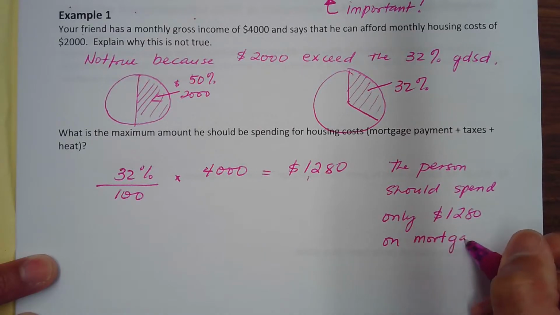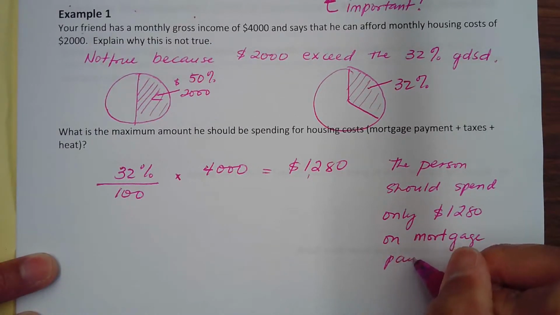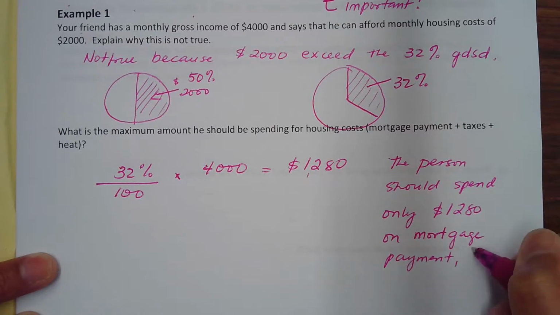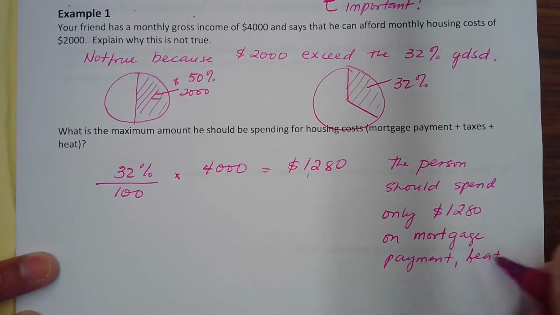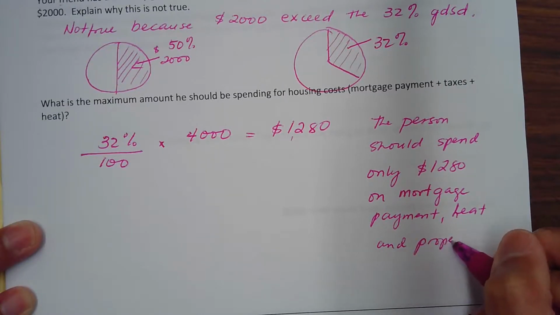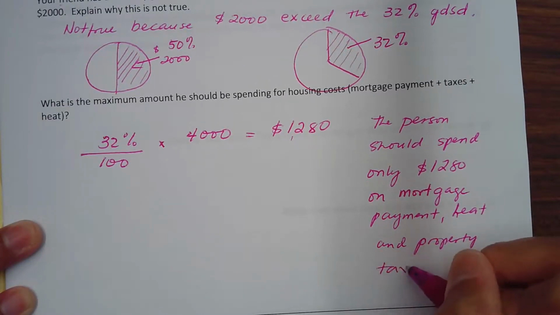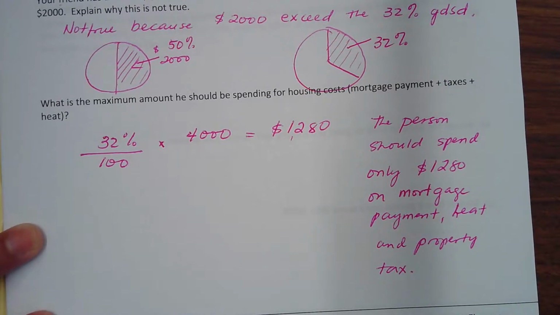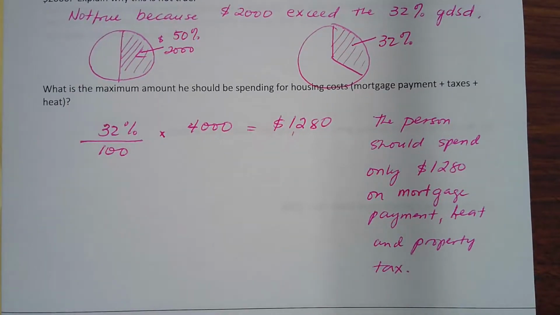Just mortgage payment, heat, and property tax. He's going over. Are there any questions about that?